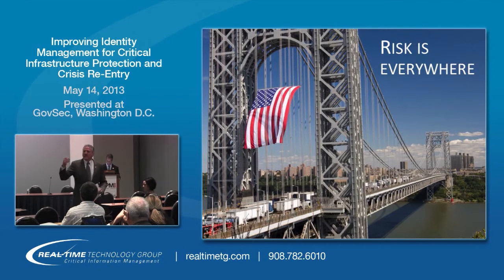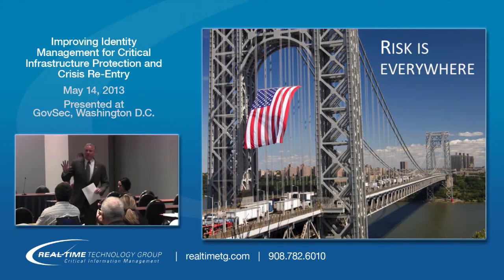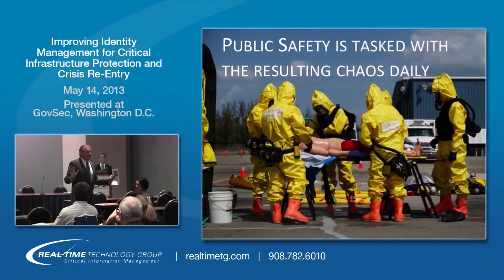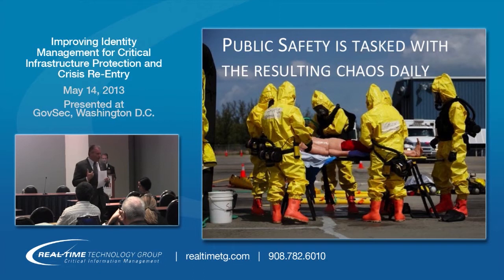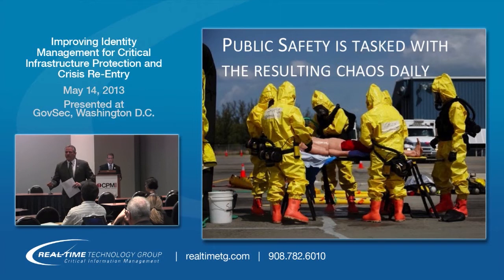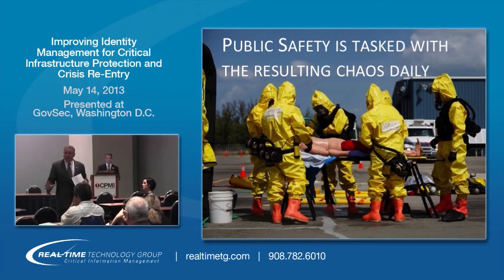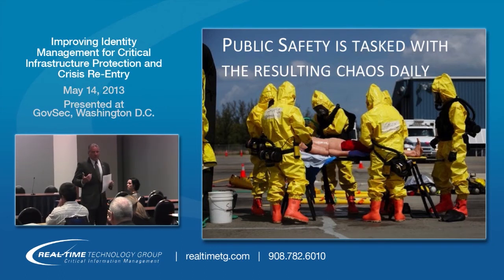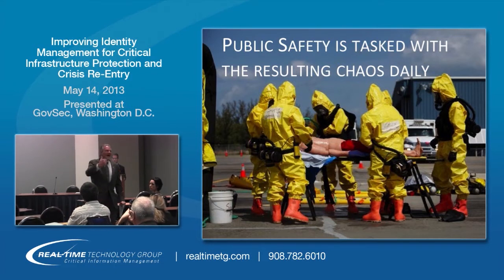We know that risk comes from those that wish to do us harm. We know that natural disasters, like Katrina, I don't know how many people from down south have responded to Katrina or had some responsibility. I was a first responder as part of the command team from New Jersey that responded down there. We know that there was difficulty, not only in critical infrastructure protection from incidents like Hurricane Sandy that we're still feeling the effects of up in the north, specifically New Jersey, but also how are you getting people back in?